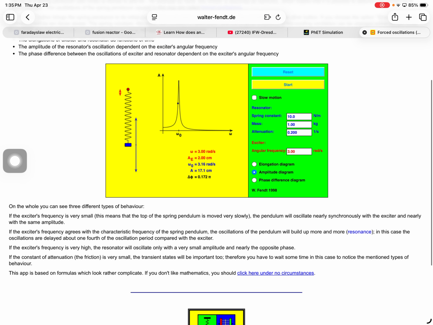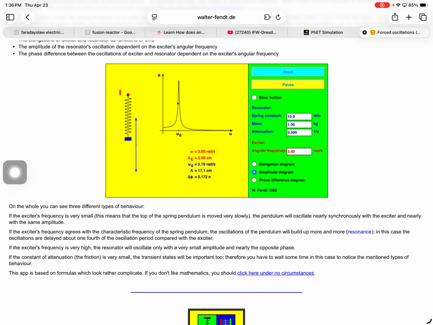Now the driving frequency, I'm going to match the natural frequency. Every structure has a natural frequency. Watch it. My driving amplitude is still going to be the same, except that now the driving frequency is matching a natural frequency. So now I'm pushing at the right time.